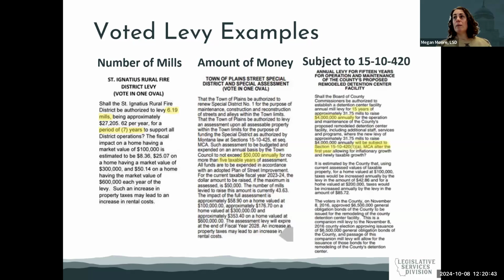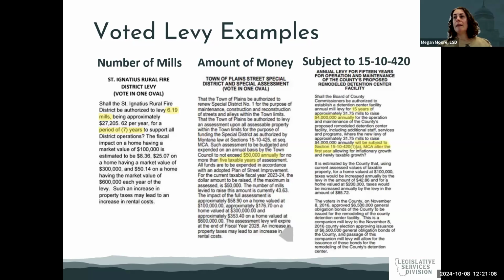The third example is a bit of a hybrid. This one is subject to 1510-420, and this is for a Lewis and Clark County operation and maintenance of the county's detention center. You can see they're asking for a levy for 15 years for $4 million annually. And they estimate that would be 31.75 mills in the year they voted on it.